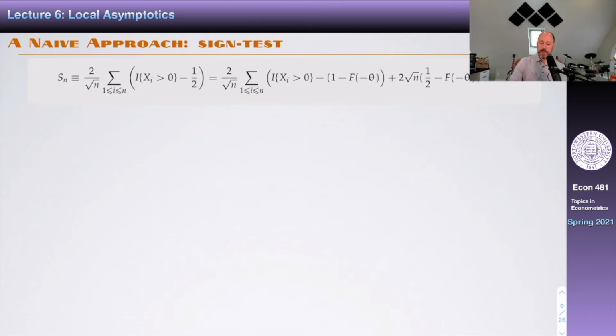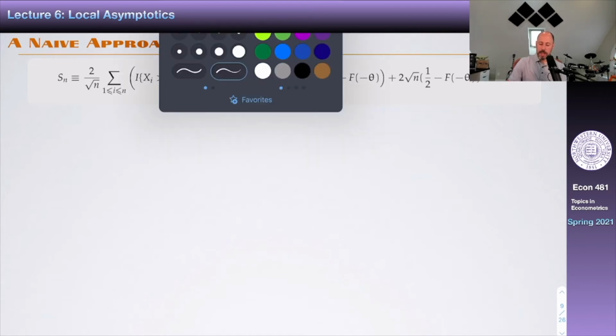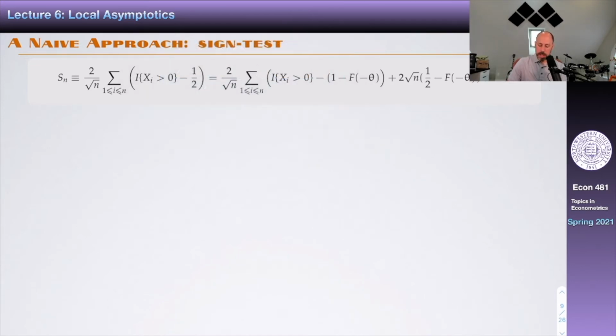That's where we are. Here I'm just repeating what I just wrote. Okay? So now let's study the sign test. So pi 2n of theta is the expected value under theta of this test. And this is the probability under theta that Sn is greater than z 1 minus alpha.